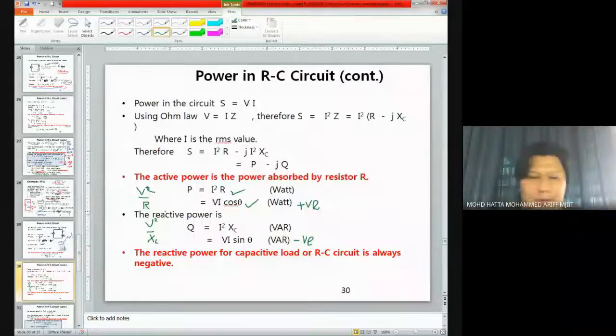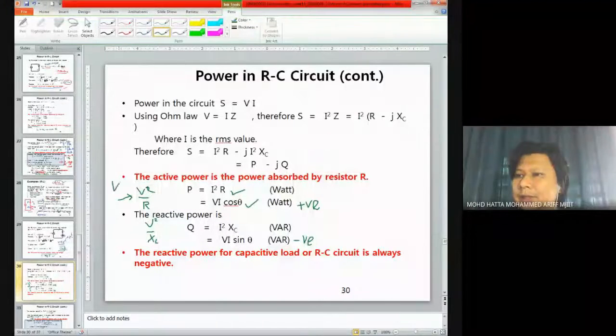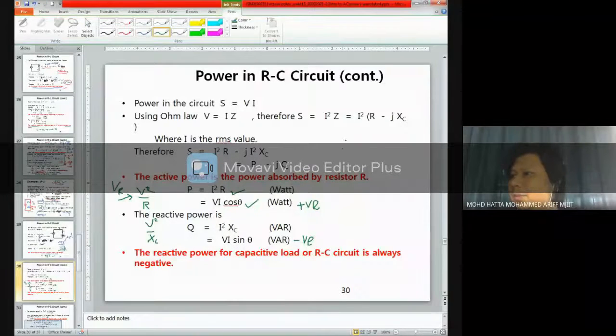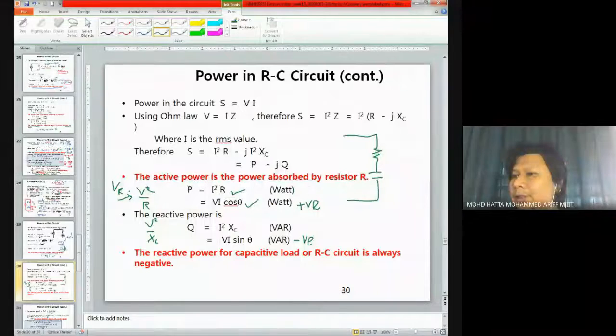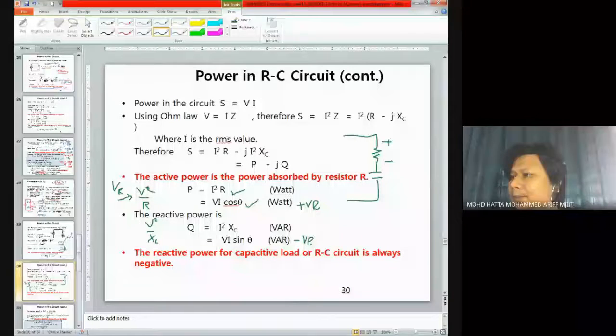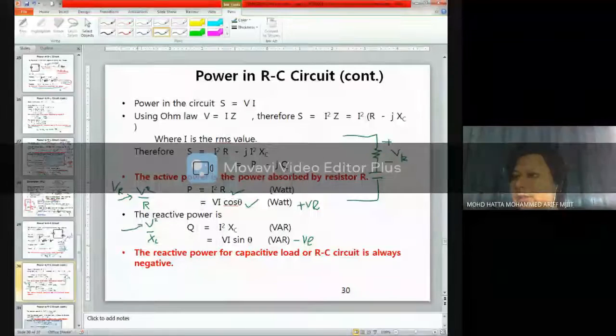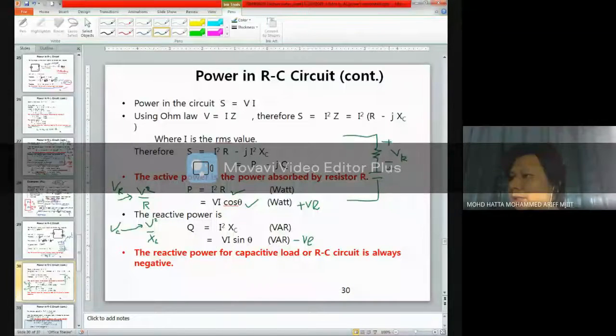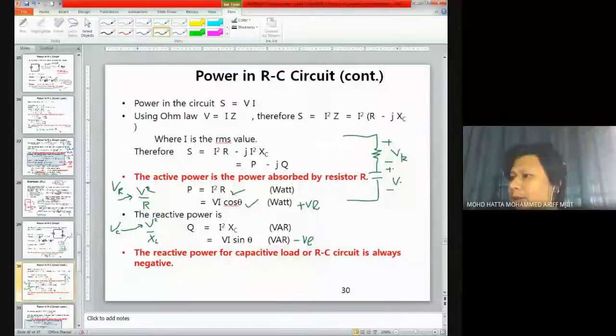No, it's you might make some mistake over here, because the V that we are considering here is the voltage across the resistor. If you have a circuit like this, the V that we are considering over here is the voltage across this element only, and the voltage here should be the voltage across the capacitor. So to be used like this.